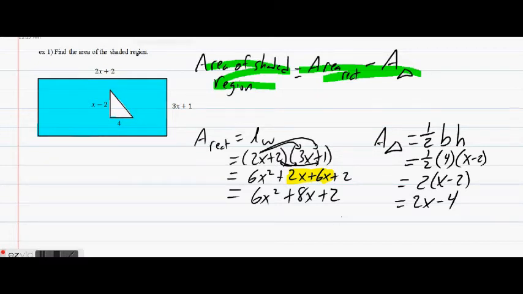So I'm going to take this polynomial minus that polynomial.